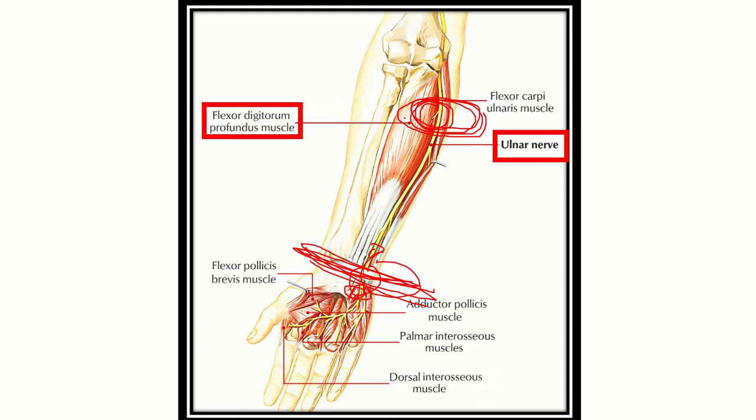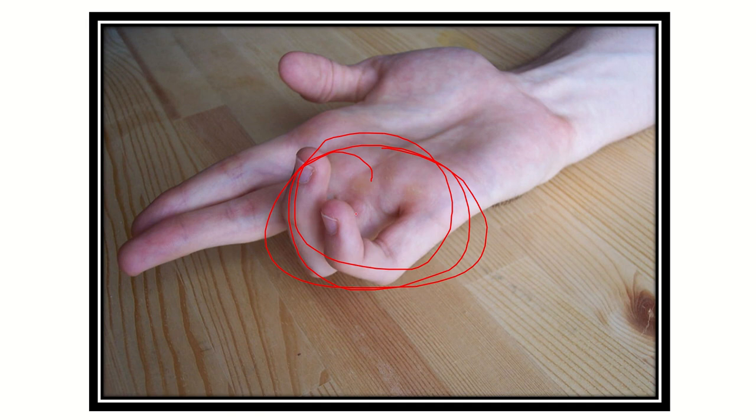Now if the ulnar nerve damage occurs at these proximal points, what will occur? The flexor digitorum profundus muscle will not function now. It is a non-functioning muscle, and if it is not functioning, then this flexion will not be possible.